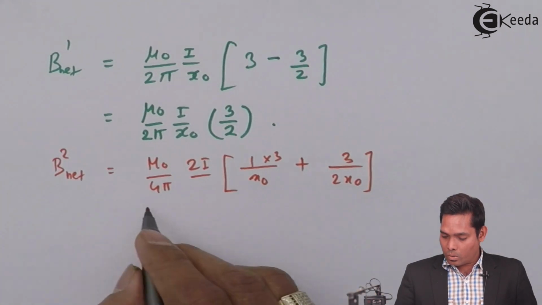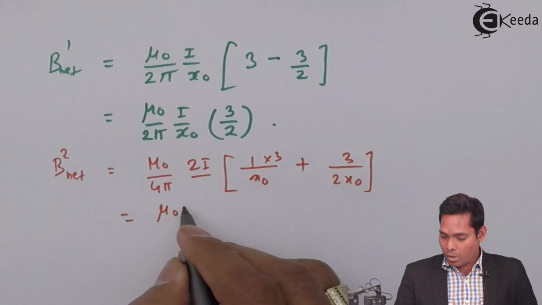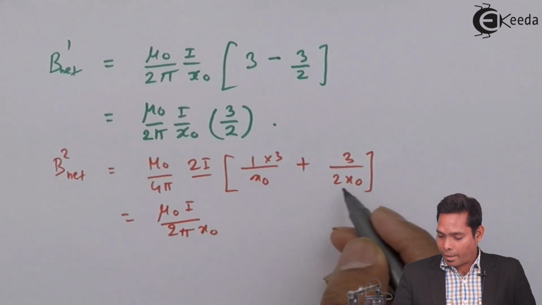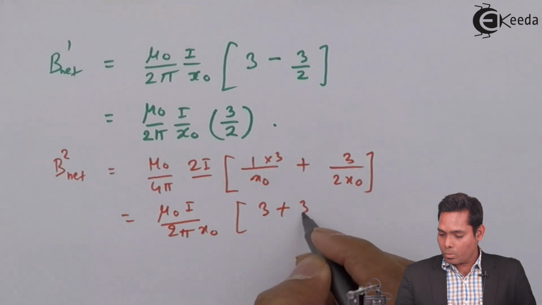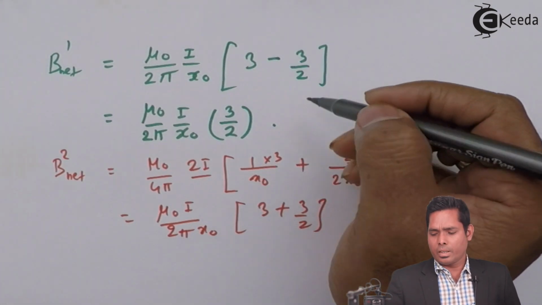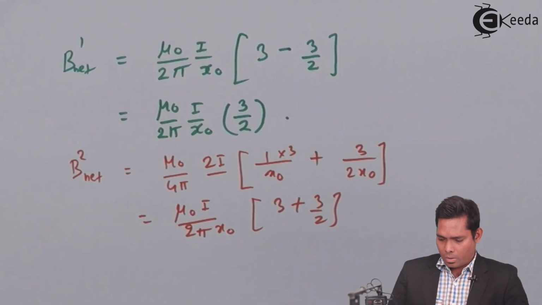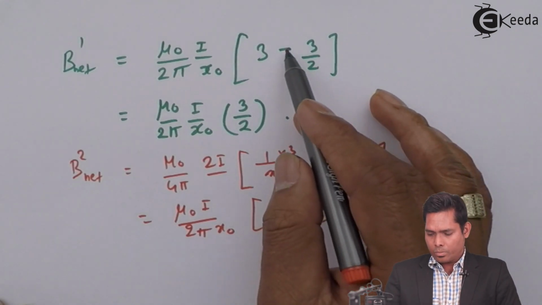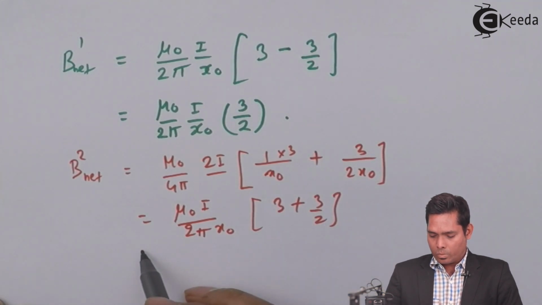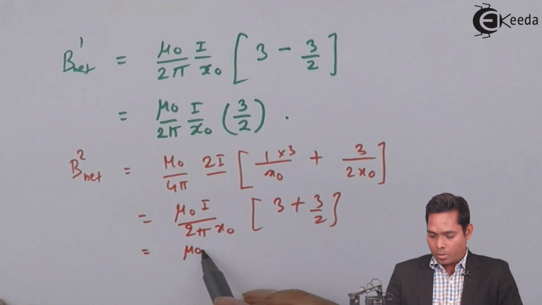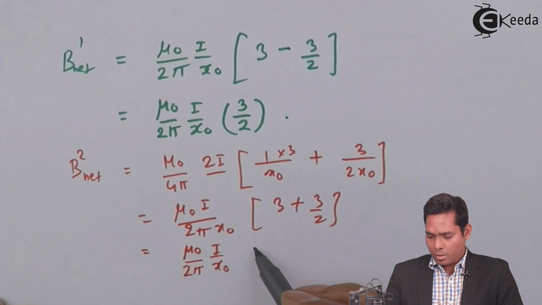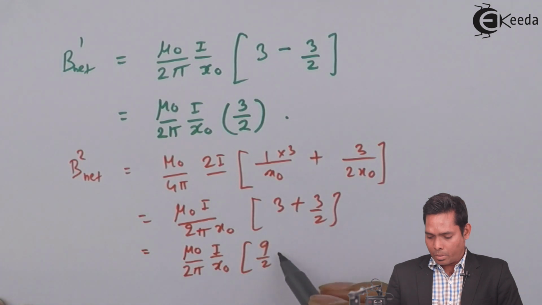So x naught goes out, here it is mu naught I upon 2 pi x naught, and this is 3 plus 3 by 2. That is only a change in the sign. So now if I put this plus here, then this is 9 by 2. So mu naught upon 2 pi, I upon x naught, and this is 9 upon 2.